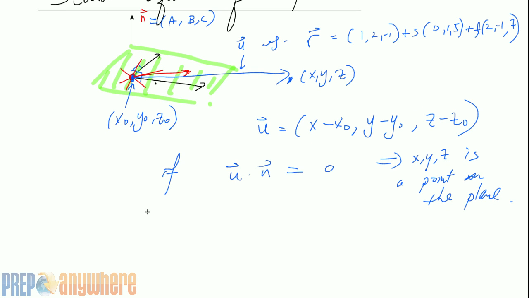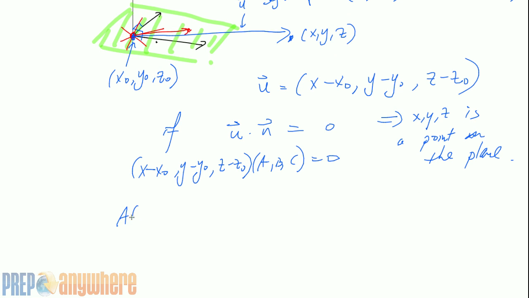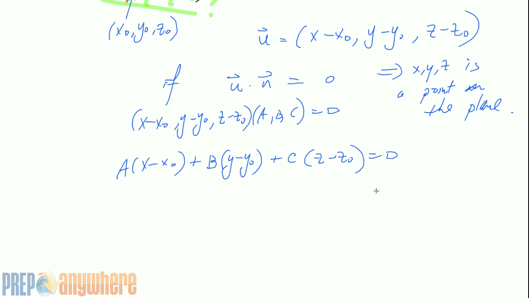Okay, so let's write that out. N is A, B, C. Dot product with U, you get the following: A, B, and C. Okay, so distribution, you get AX plus BY plus CZ.